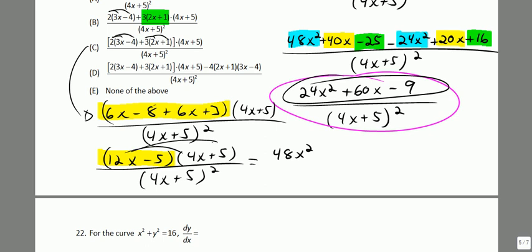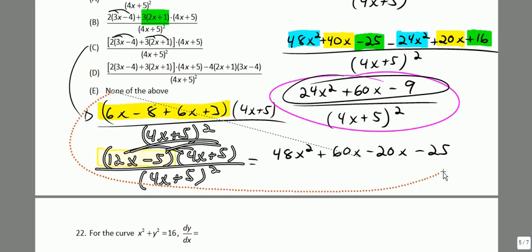Outside would give me plus 60x. Inside would give me minus 20x. And last would give me minus 25. So that's certainly not it. Okay, so we're going to go ahead and say D is the right answer.